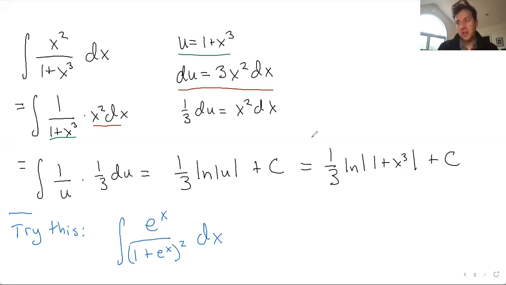And if you're trying U substitution and it seems like it's not working, but you're pretty sure it's the method you want, go back and ask: did I choose the right U, or is there a different option I could have taken?